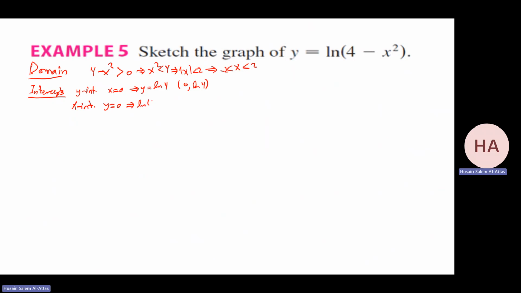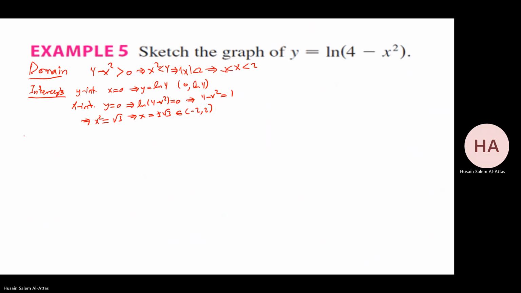So I have ln(4 minus x squared) equals 0. So take e, that 4 minus x squared is equal to 1. That means x squared equals 3, so x equals plus or minus square root of 3. And those belong to the domain: square root of 3 is less than 2, and minus square root of 3 is greater than minus 2.